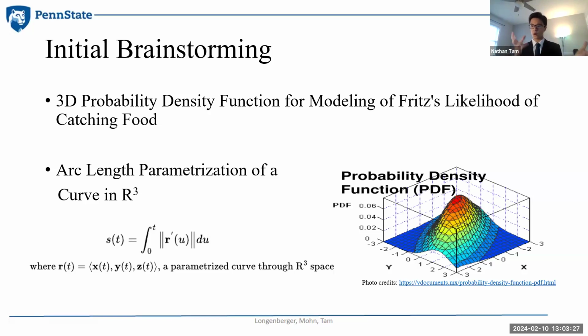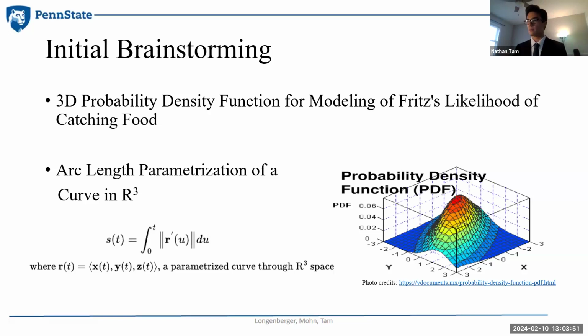And then we could quantitatively compare the probabilities of Fritz catching this object and the dog catching this object. I also have an example of an arc length parametrization integral, except this is over 3D space, where we would parameterize the trajectory of the flying object using parameters x, y, and z.